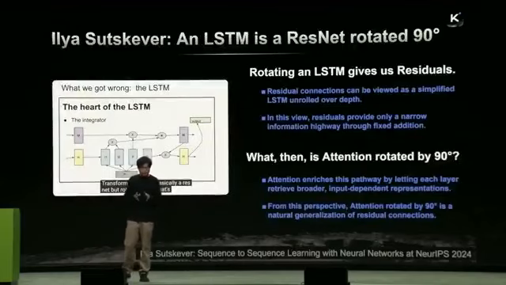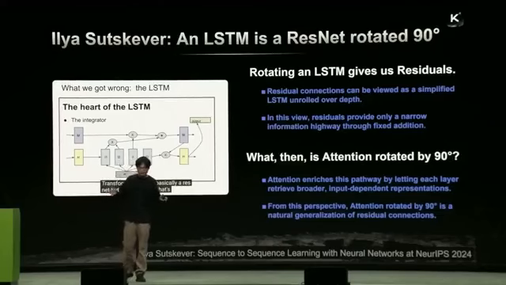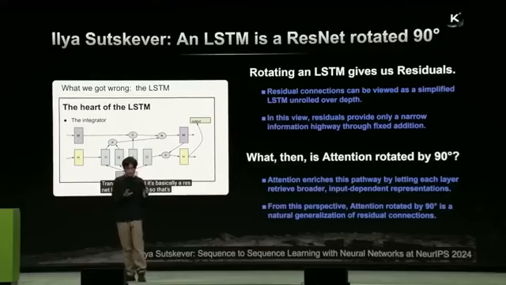The motivation is quite simple. Can we take some of the techniques that we use in the temporal dimension, take inspiration from them, and apply them to the depth dimension?